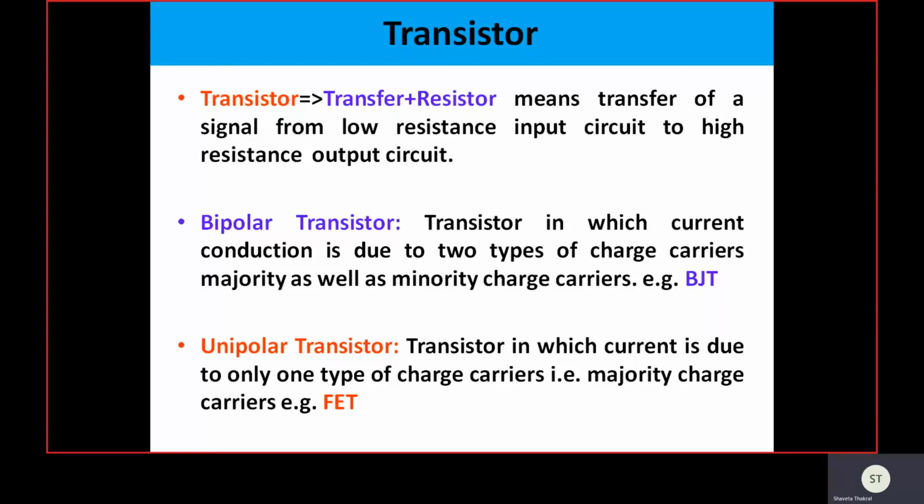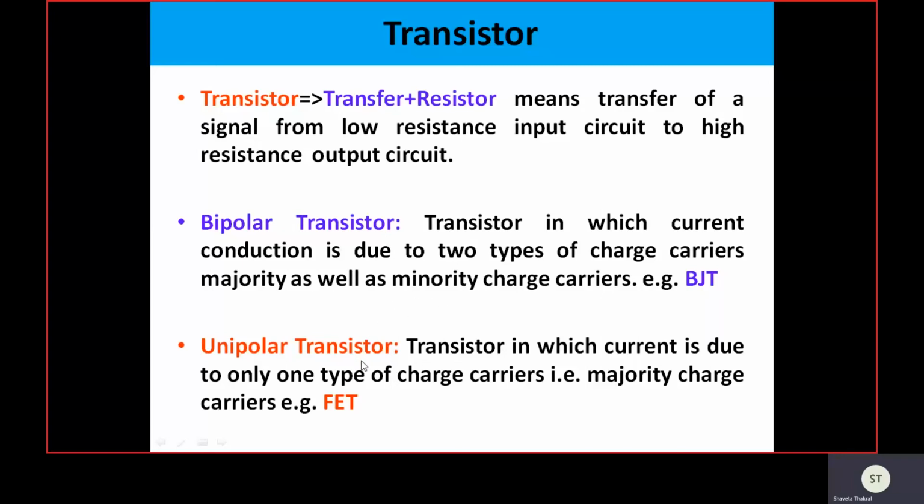There are two types of transistor. One is called the bipolar transistor and the other is called the unipolar transistor. The basic difference between bipolar and unipolar is that in the case of a bipolar transistor, the current conduction is due to two types of charge carriers, majority as well as minority charge carriers.